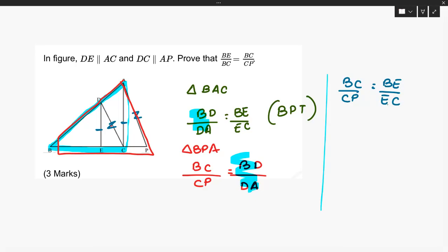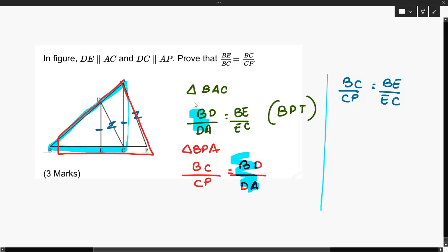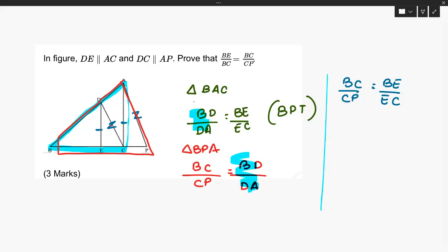BE upon... I think I wrote it wrong. It should be EC.